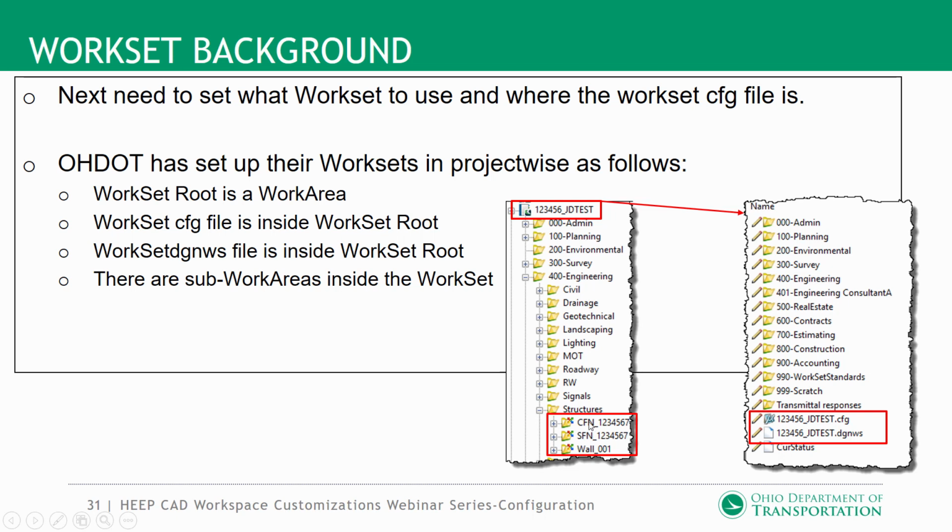So if you guys are new to Projectwise, you should know that a work area is different than just a regular folder. So for our PID folder, our main project folder, we're making that a work area. And so in terms of MicroStation, that is a work set. Okay, so in the configuration, we need to tell the configuration how to find that work set, right?